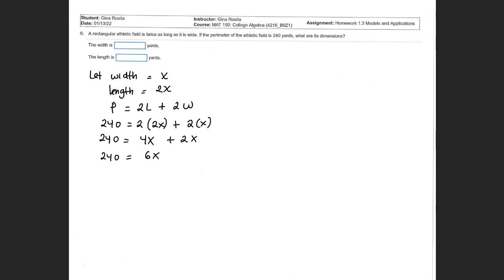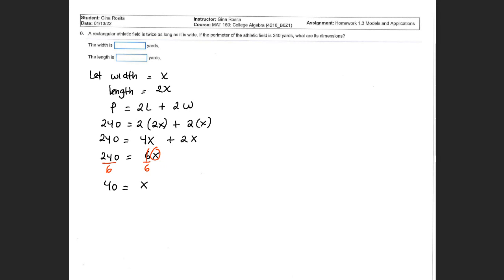So divide by 6 on both sides. This will cancel, and 240 divided by 6 is 40, equals x. So now we got the x.